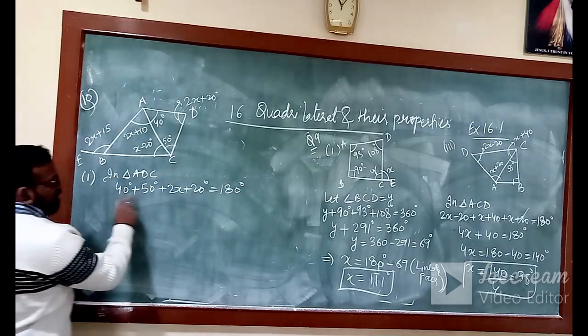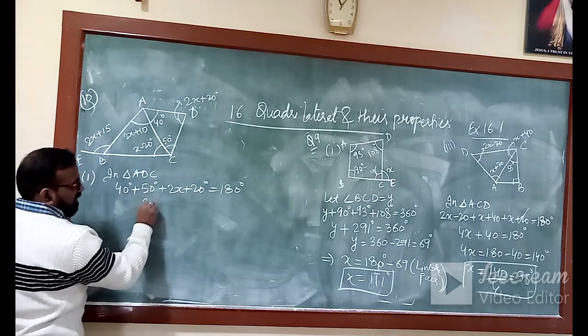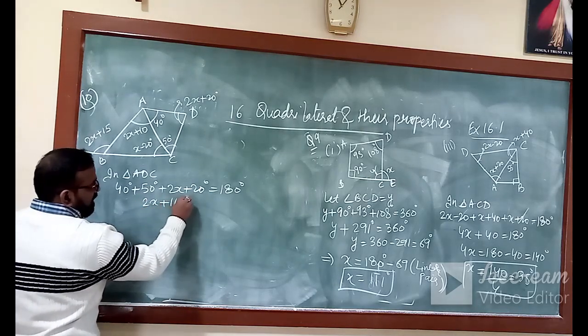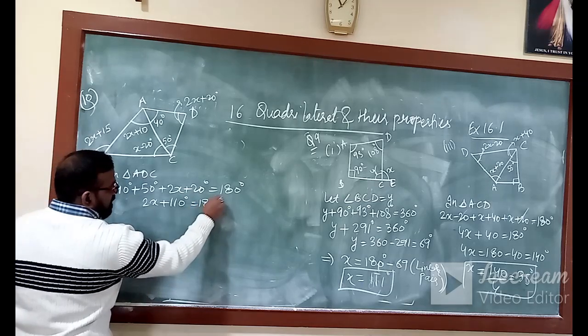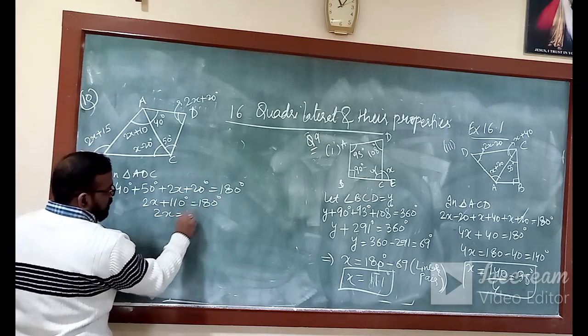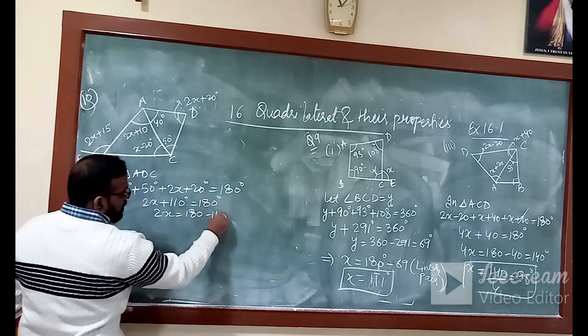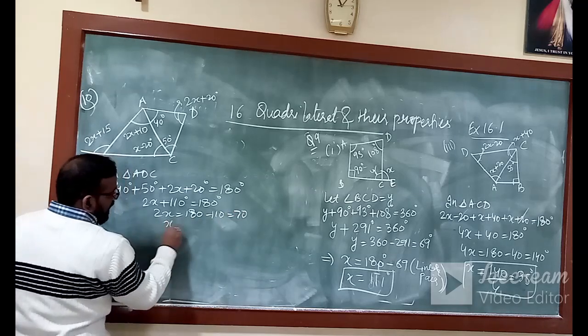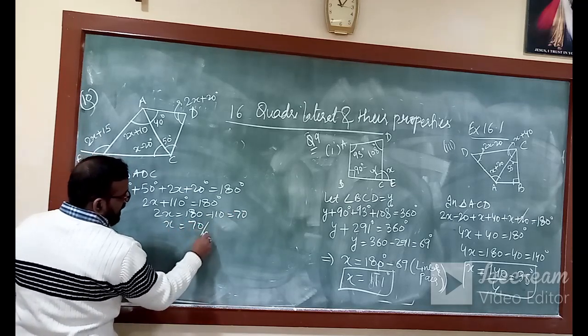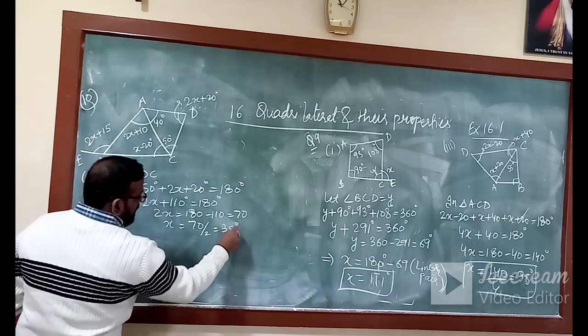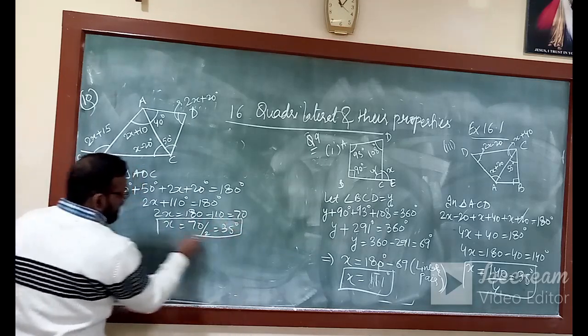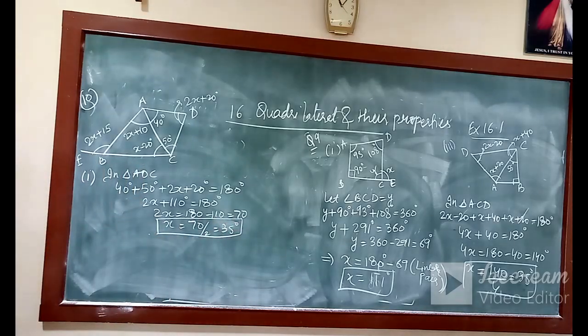So 90 plus 20 is 110, 2x plus 110 is 180 degree. So you get 2x equal to 180 minus 110, that is 70. So x is 70 by 2, that is 35 degree. And this x is very important for us because it will help us in finding the value of the other parts.